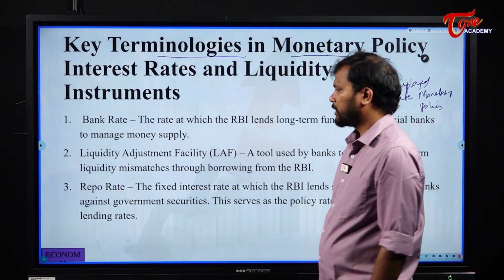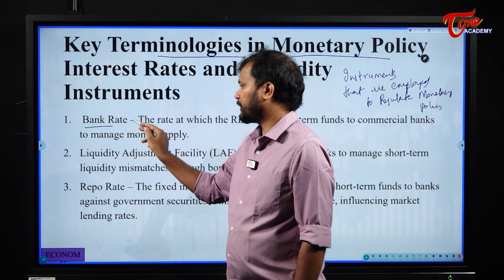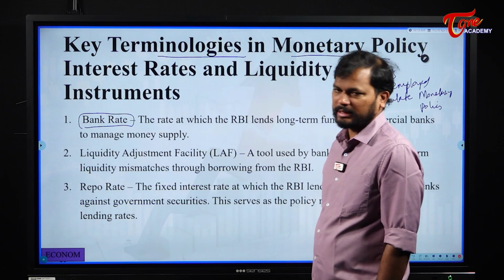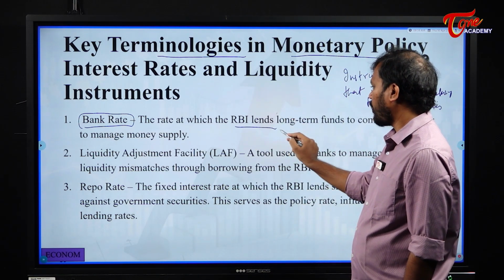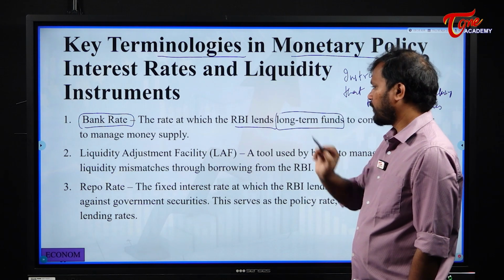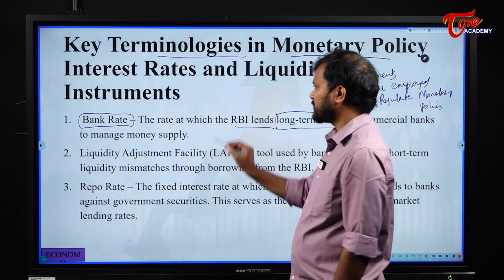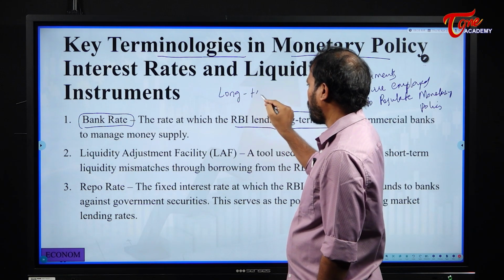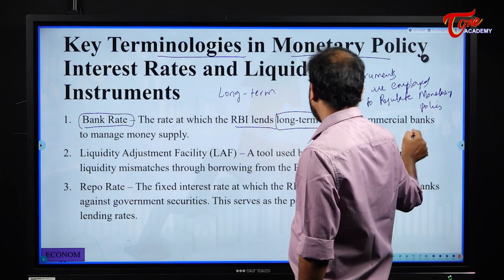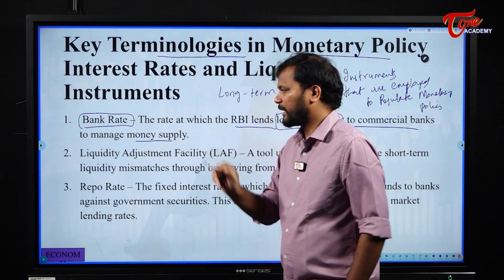The first one is the bank rate. The bank rate is the rate at which the RBI lends long-term funds to commercial banks to manage money supply.